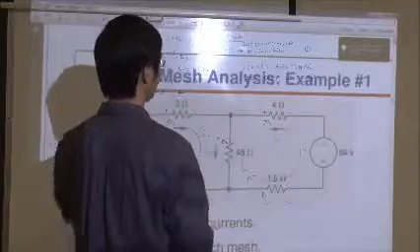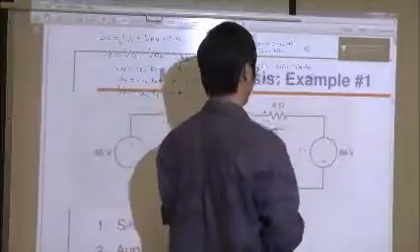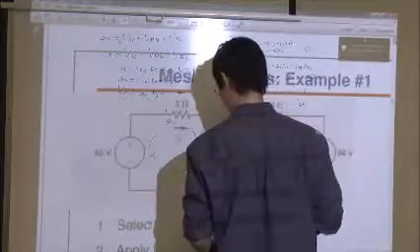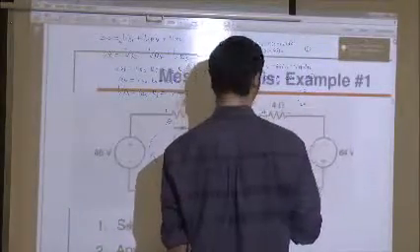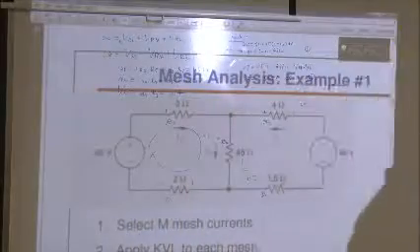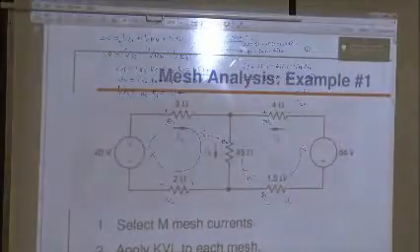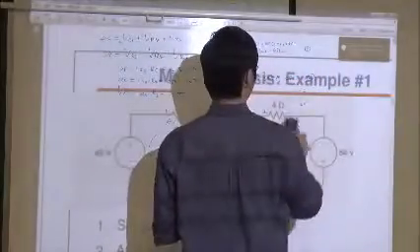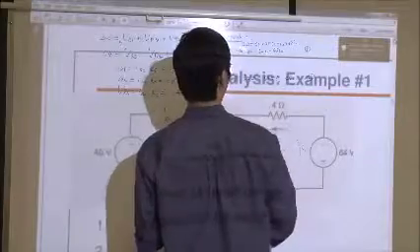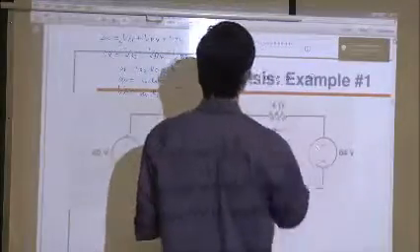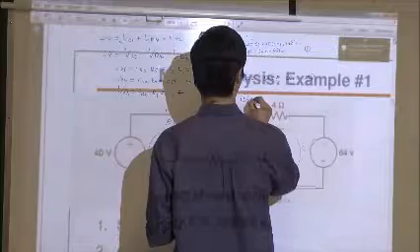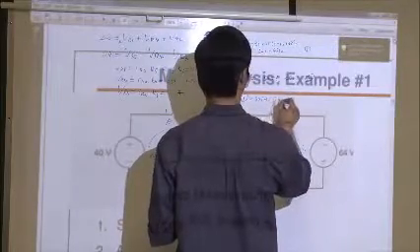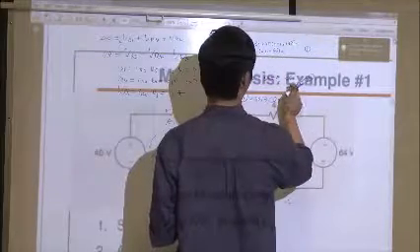From these two equations, you can solve for I1 and I2. So what do you do? You multiply the first one by 45 and the second one by 50, so we get rid of I1.